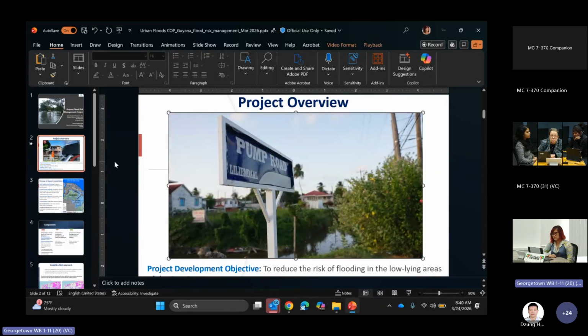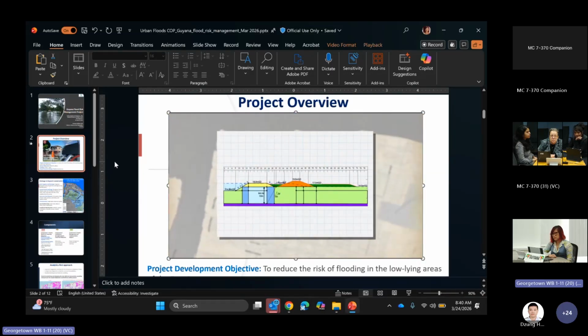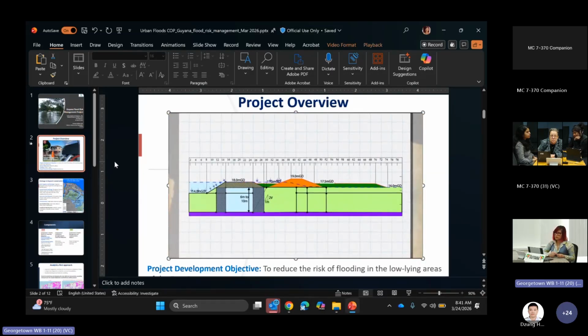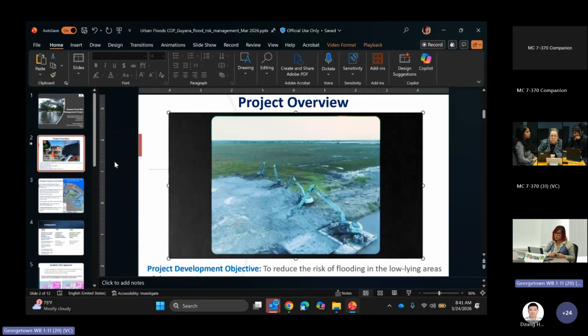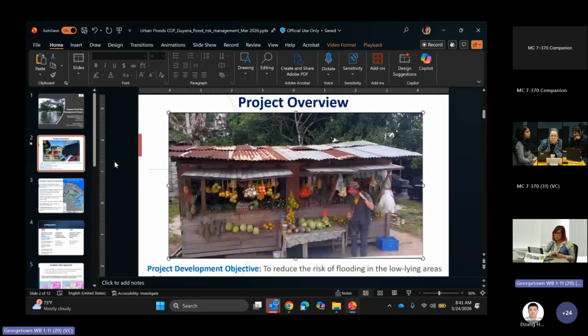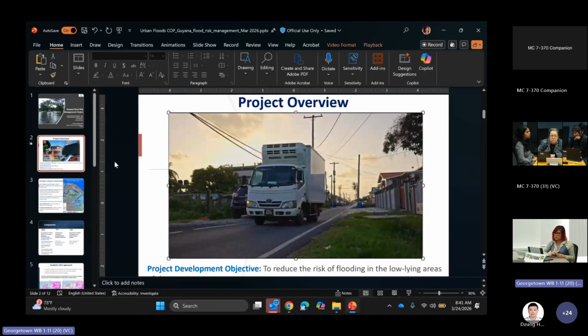The flood risk management project was really important in establishing a methodology for strengthening the dam, making sure that it was up to international standards so that it would protect the population downstream of the dam from a very rare rainfall event such as the 2005 flood.